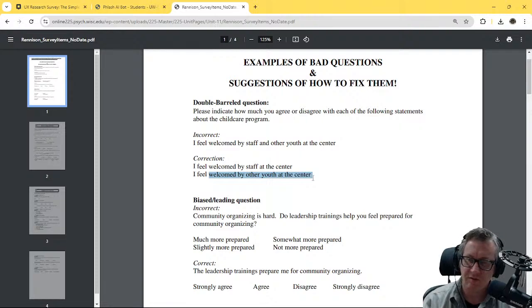If I get a link to a survey, I open it up and I see that link at the bottom that says page one, next, and then it tells me that I've got 3 or 4 pages to go, I'm probably not going to do that survey anytime soon, if at all. A good element in UX design would be a progress meter showing how far you have to go.